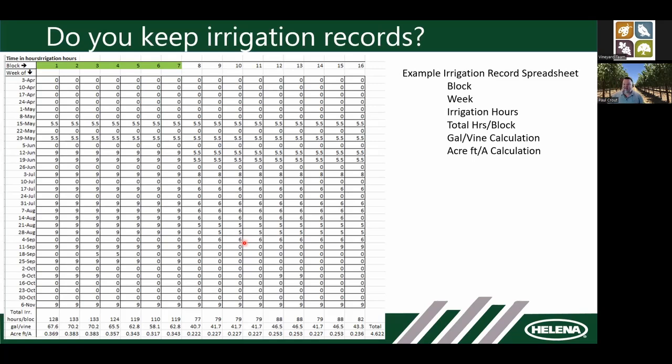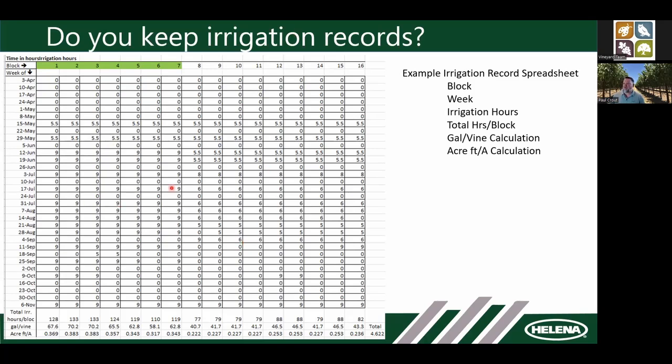It can be anything from a spreadsheet. Ideally, you want it in a digital format that adds up things. Something handwritten in a notebook by your irrigator isn't always the best way to tabulate it. So a way to get it into some kind of tabular form is really important.